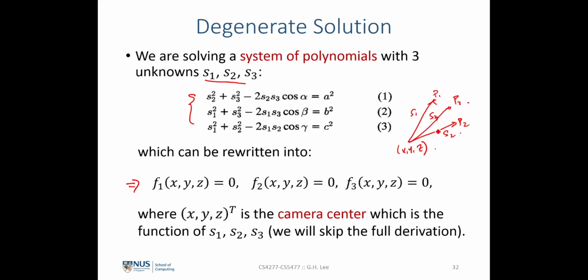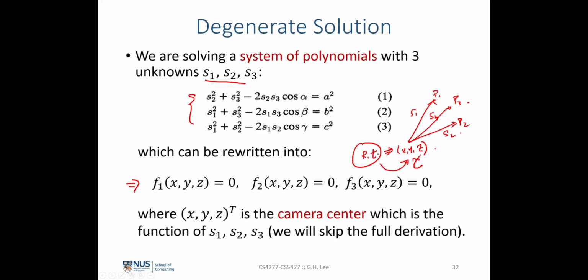So in the previous case, we see this S1, S2, S3 as unknowns, but we can also look at it from another perspective where we can keep this S1, S2, S3 as a fixed value, where now the unknown becomes XYZ, which is in fact what we are solving in the second stage when we solve the rotation and translation, where these two values here, the rotation and the translation, in fact give us the camera center.